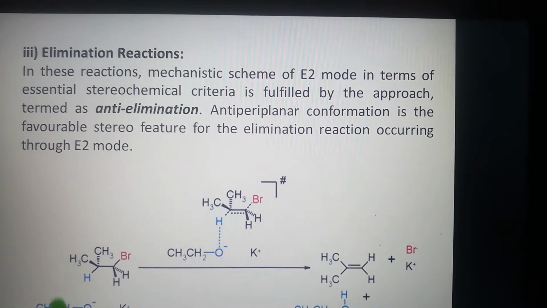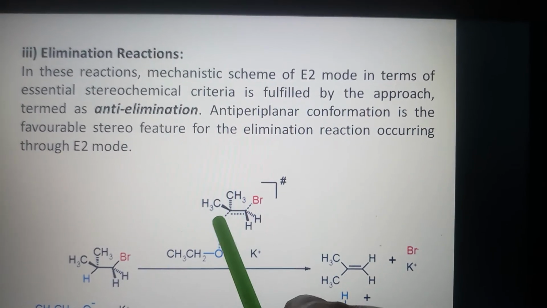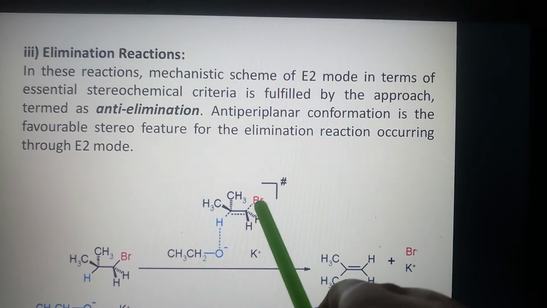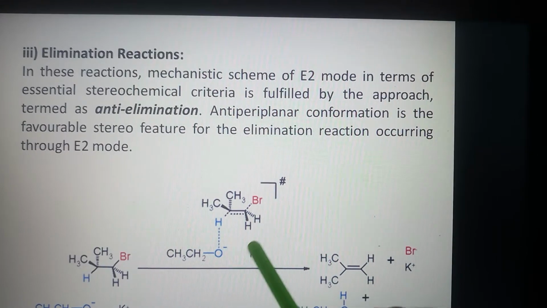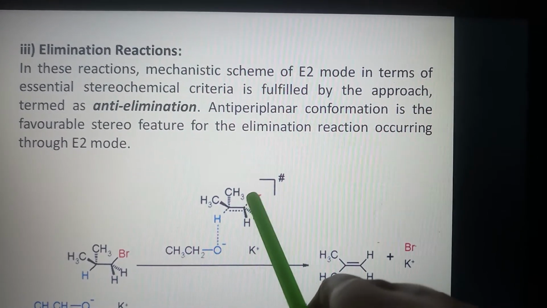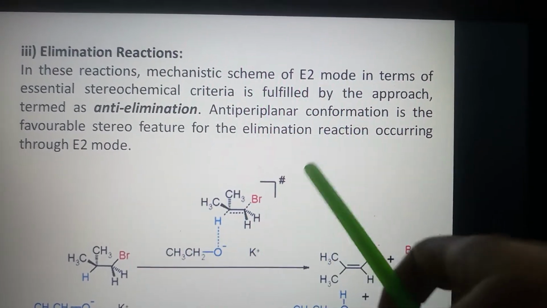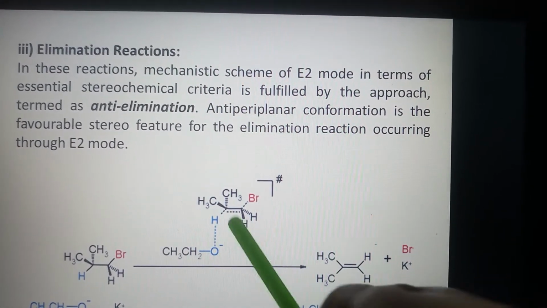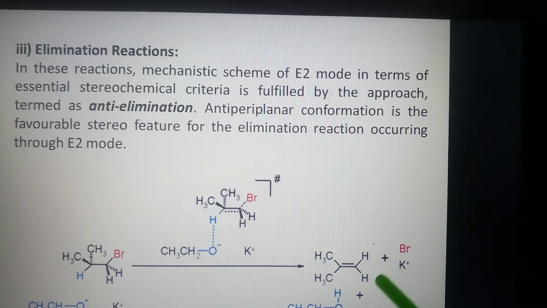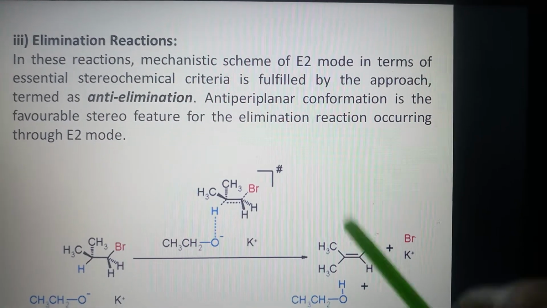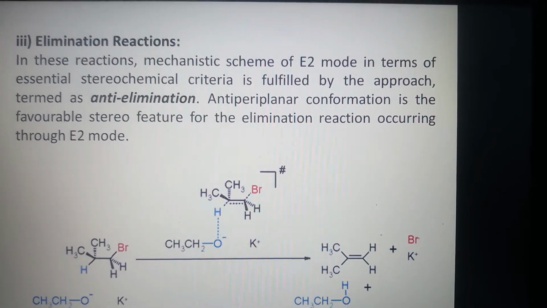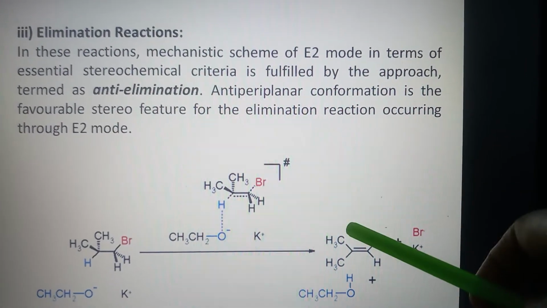Here it acts as a base, it attacks hydrogen, and simultaneously, after that, the transition state is formed, and after removal of bromine, we will get this type of product. This is called anti-elimination.